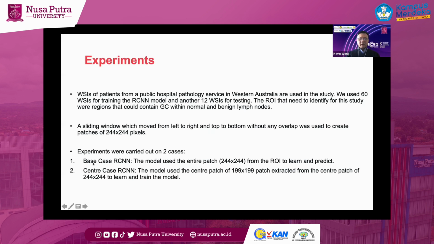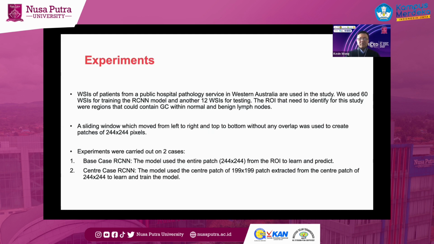We can come up with what we call the base case RCNN, and in that case, we use 244 by 244 patches to learn and predict. And then we also realized that humans actually zoom all the way to the center of the GC to identify some important features. So we say, okay, can we also use RCNN to go all the way into the center, instead of just the square box? And that is what we call the center case RCNN.